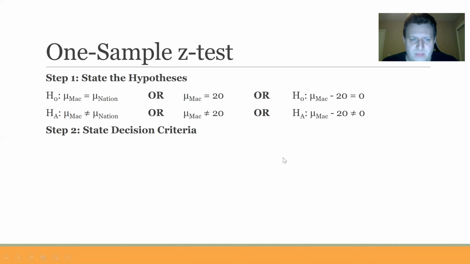All right. So step 2, what is our decision criterion? Okay, what are our decision criteria? How do we make a decision about whether or not we reject the null hypothesis or we retain the null hypothesis? Well, one thing that I want to remind you guys about is that whenever we do null hypothesis significance testing, whenever we do inferential statistics, there is always a probability that we make a mistake.